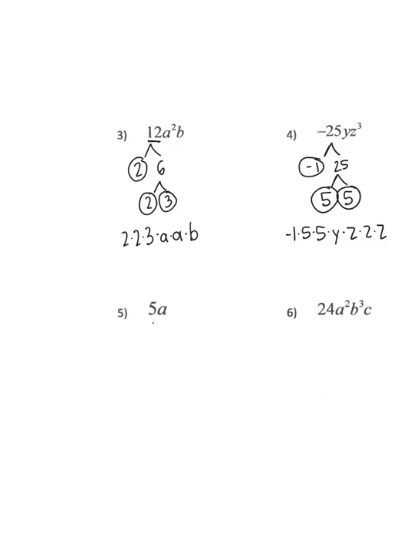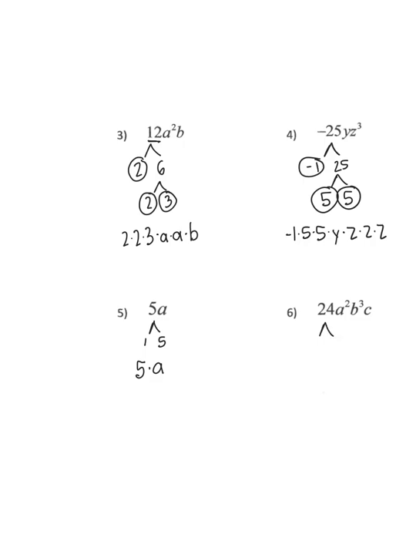Okay, number 5, 5a. My 5 is already broken down. 1 and 5 is as simple as it gets. So my prime factorization is just 5 times a. It's already prime.